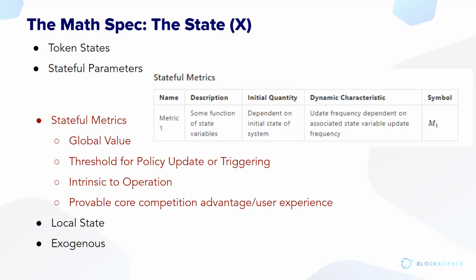We may do it for simplicity's sake, or sometimes having that metric available, say, to an agent, which isn't necessarily part of the system itself. And a KPI might be something we're just analyzing after, where we're very confident in that fact, then that is not a stateful metric. It's not part of the state of the system. So that's how we try to determine that distinction.